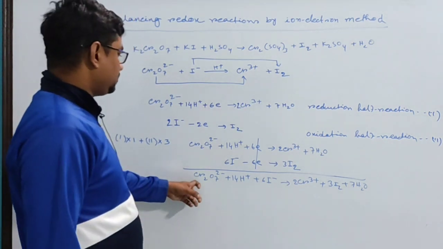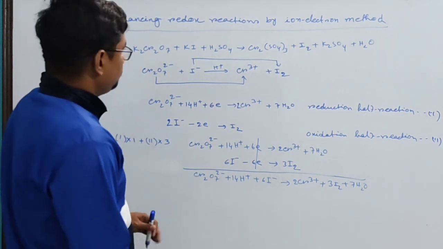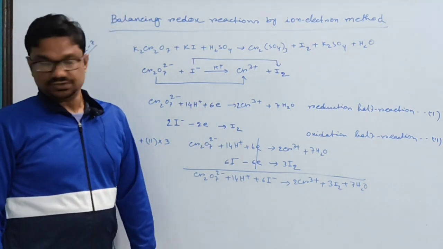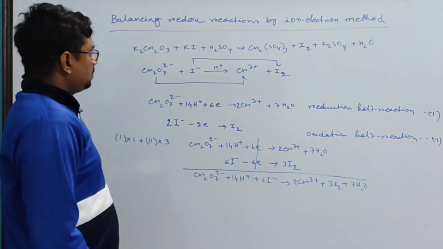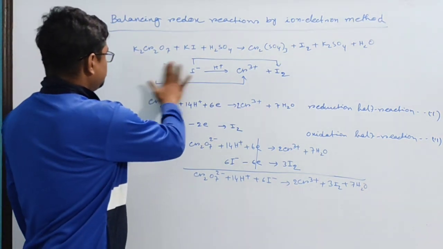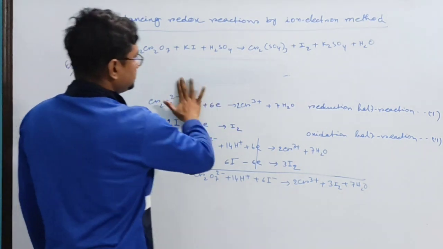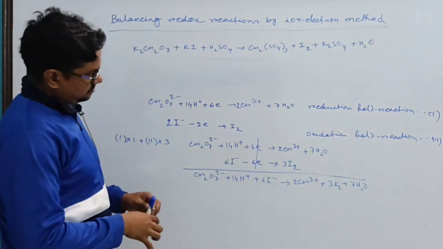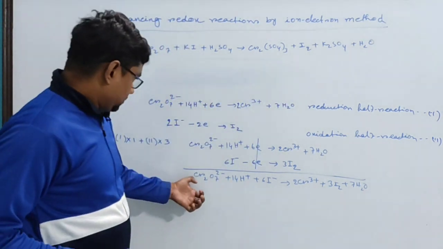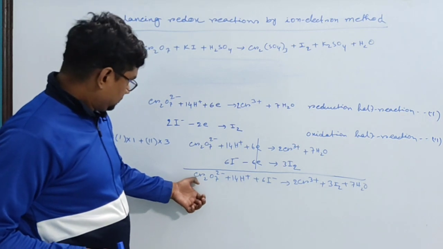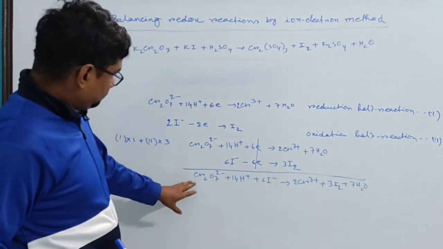Now we need to convert this into molecular form. So let's wipe out this place and convert the balanced redox reaction in ionic form.